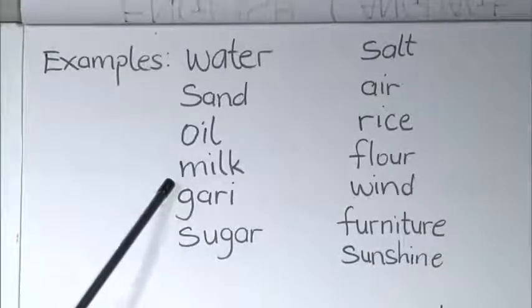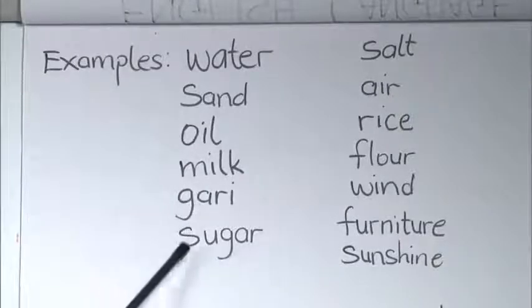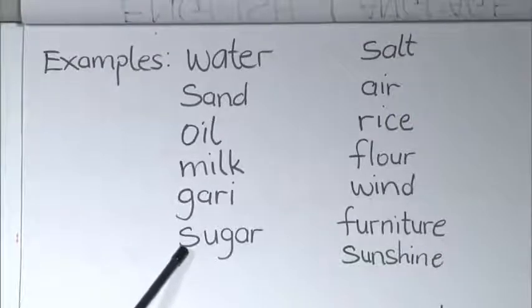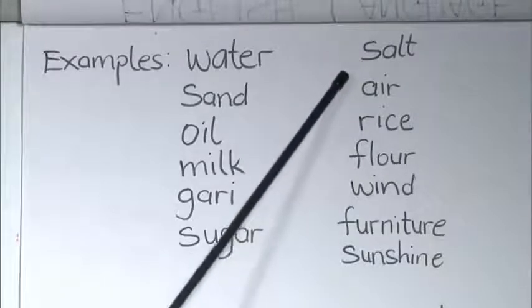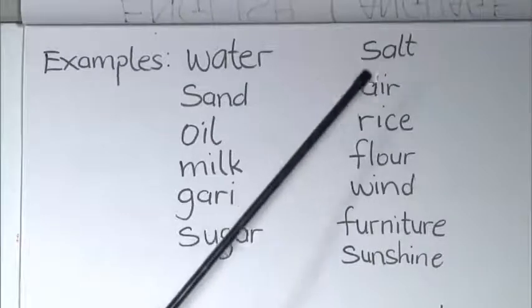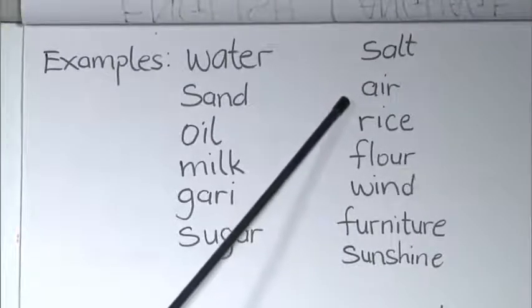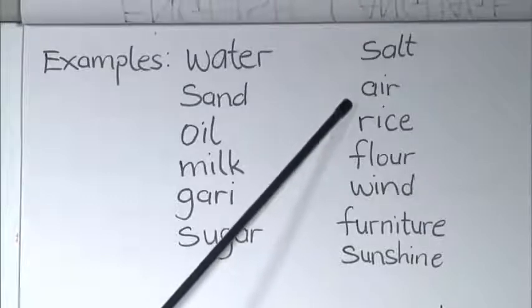Milk. We have gari. Sugar. We cannot count sugar. Salt. We have air. We breathe in air. Air is all around us. We cannot count air.